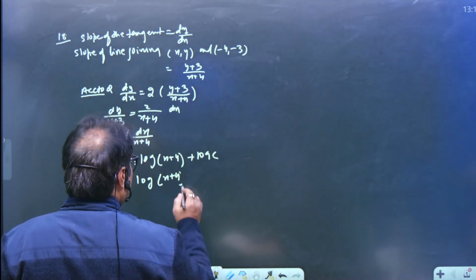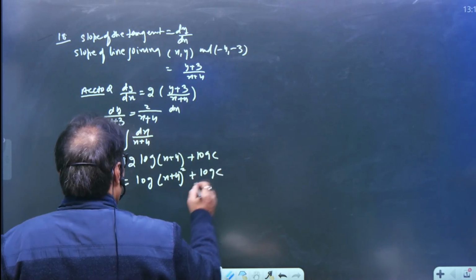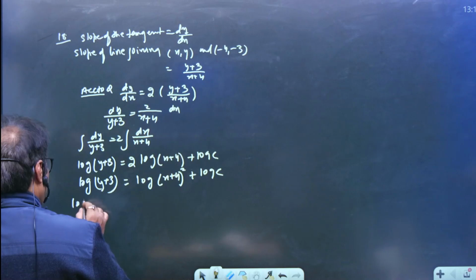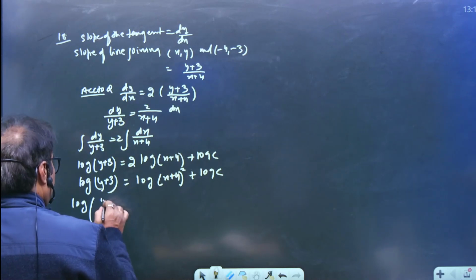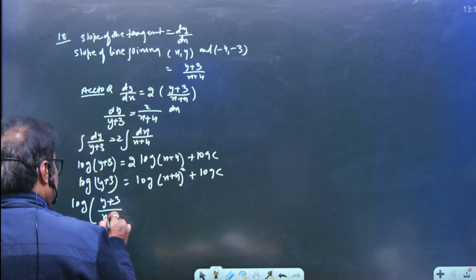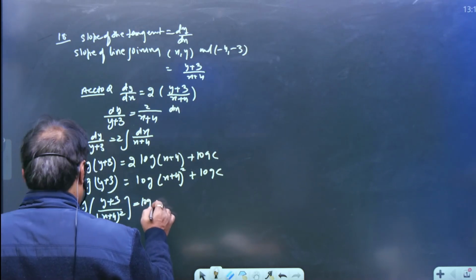And plus log c, then transfer this side. So log of y plus 3, and now it will be minus this side, log of x plus 4 whole square, is equal to log of c.